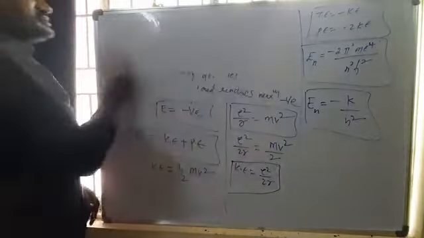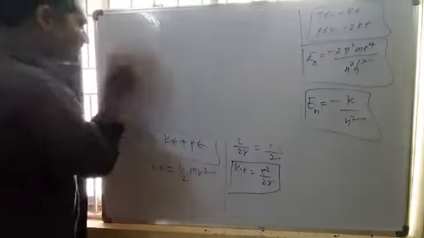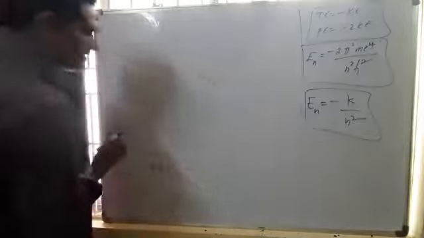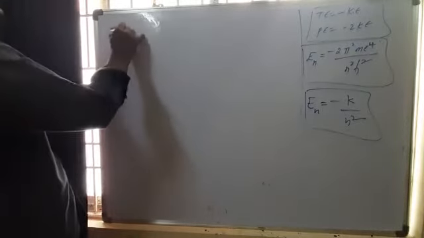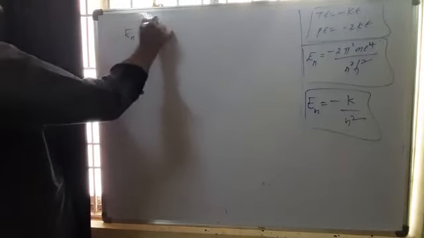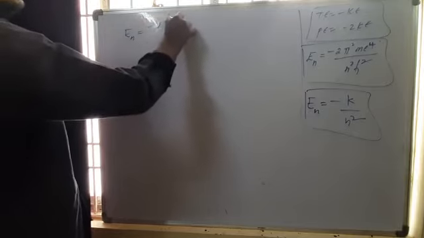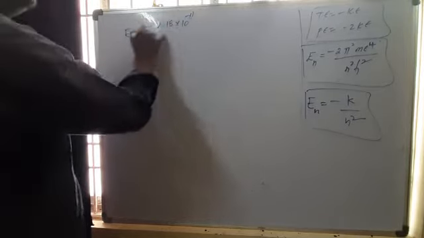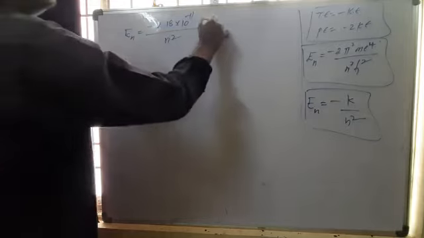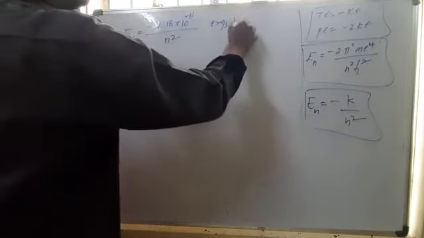Substituting all the values, you will get different formulas based on the units. The energy of an electron is minus 2.18 into 10 power minus 11 by n square ergs per atom.